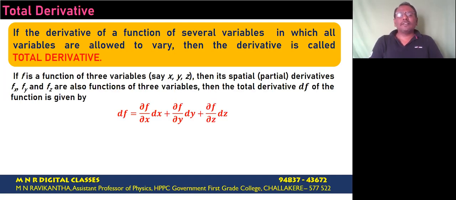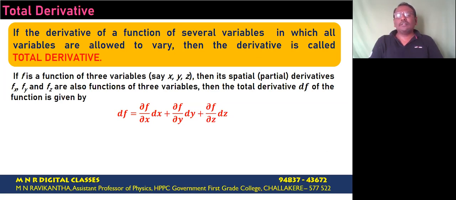Now let us represent the term total derivative mathematically. If f is a function of three variables, that is in the Cartesian system x, y, z, then its spatial derivatives, the partial derivatives fx, fy and fz, are also functions of these three variables.